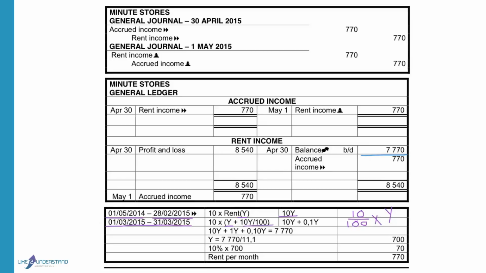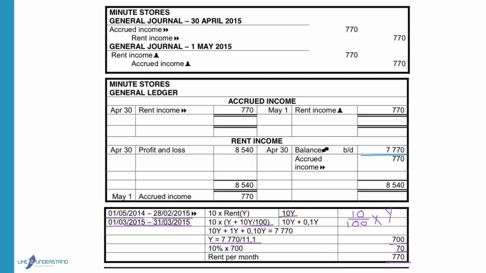And if we work out what is Y now, it gives us 700 Rand. Remember, this 700 is for Y. That is before the increase. So we have to do a calculation for the 10% increase, add the 70 Rand, and that means the amount that we still have to get for the current month is 770 Rand.